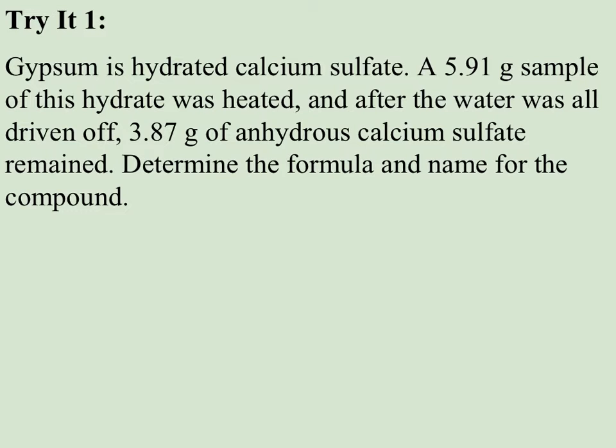And H2O, when you work a few hydrate problems, you remember this fairly quickly: there's two hydrogen, 1 oxygen, for a molar mass of 18.02 grams per mole. So if I look at my data, I've got 5.91 as the before.